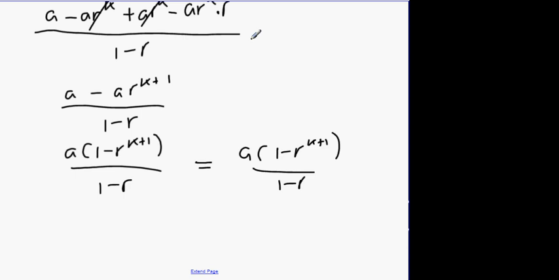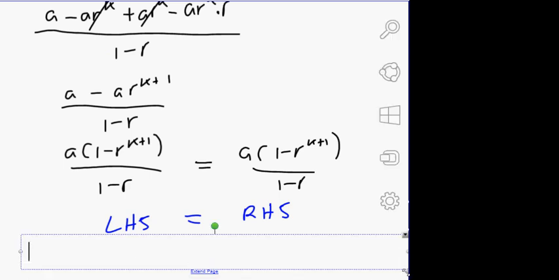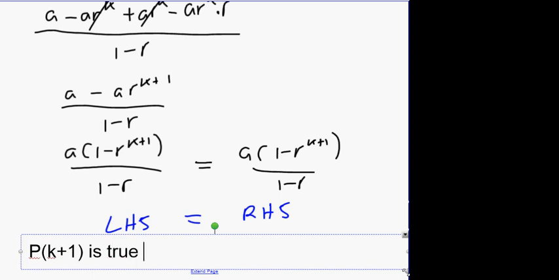Hence the left hand side equals the right hand side. And what we have here is, basically, P of k plus 1 is true if P of k is true.